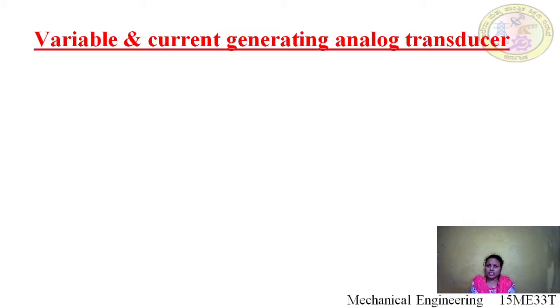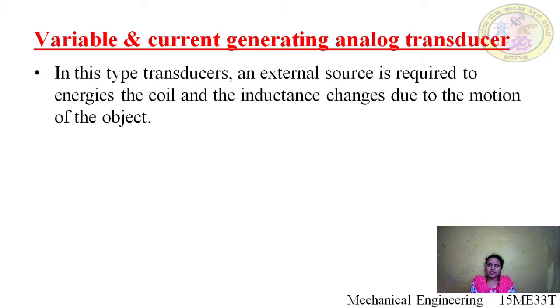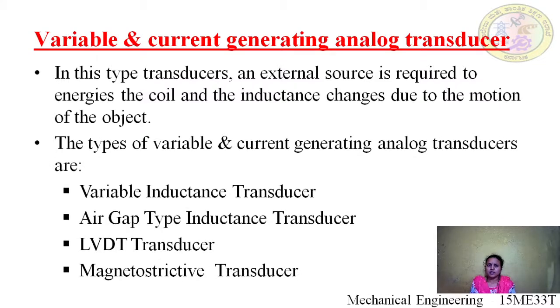This in turn was converted into a voltage. For this conversion, an external power source is needed. Here also, in this transducer, an external power source is required to energize the coil, and the inductance change was due to the motion of the object.